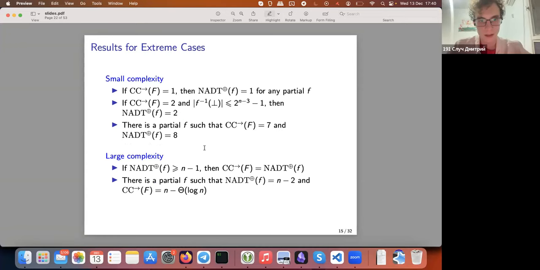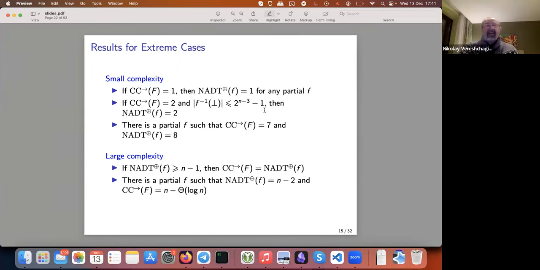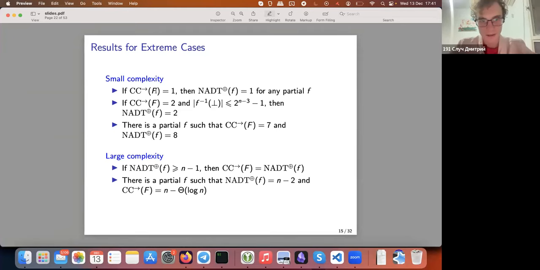So there are also several corner cases we studied, for communication complexity equal to 1. There may be an arbitrary number of undefined points. When it's equal to 2, we have a slightly better bound on the number of undefined points. Which line are you explaining now? The first line. In the first line there's equality, and it doesn't depend on how many partial points we have.